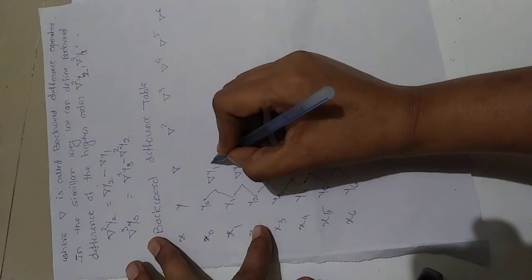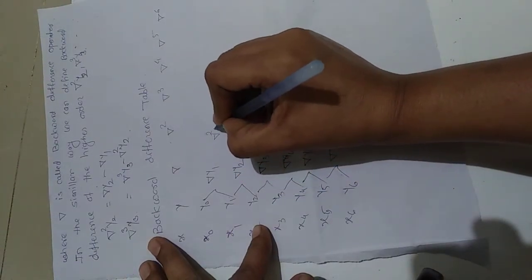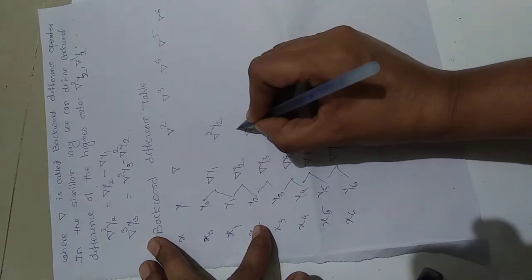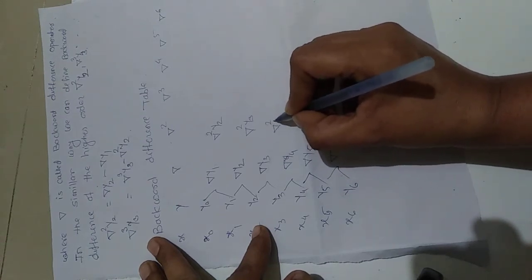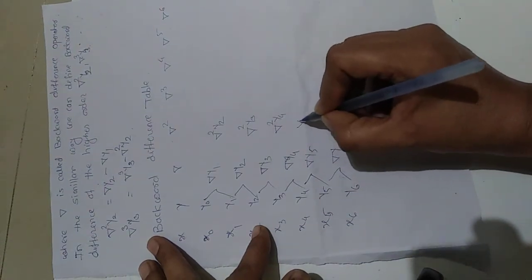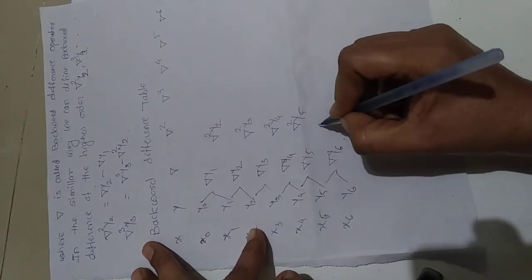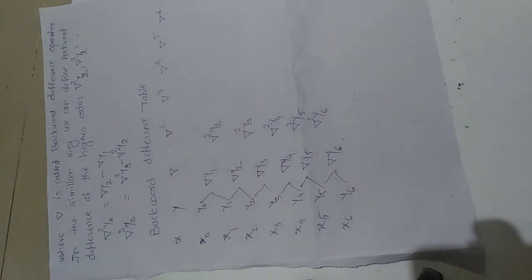Then the difference between these two is del square y2, del square y3, del square y4, del square y5, and del square y6.